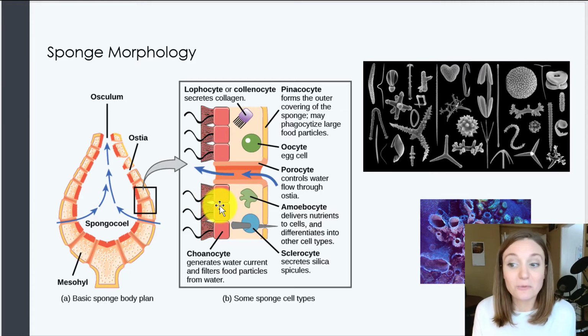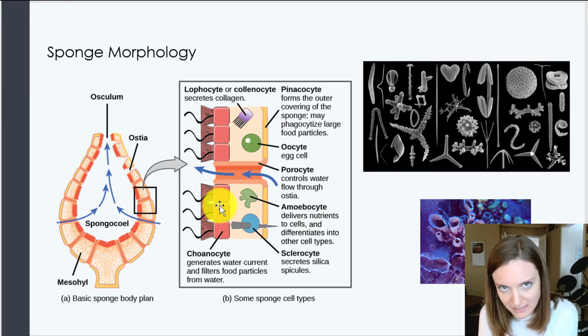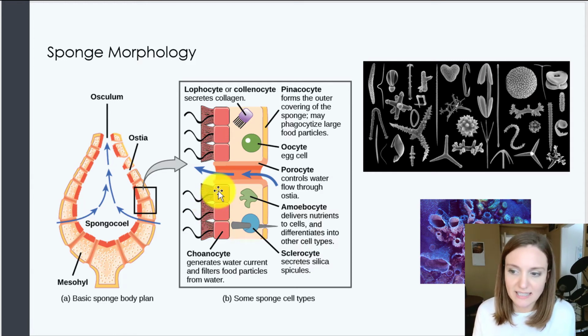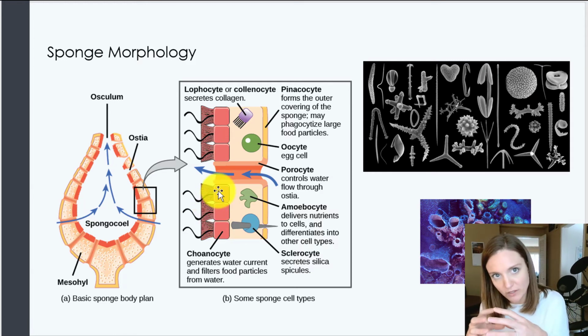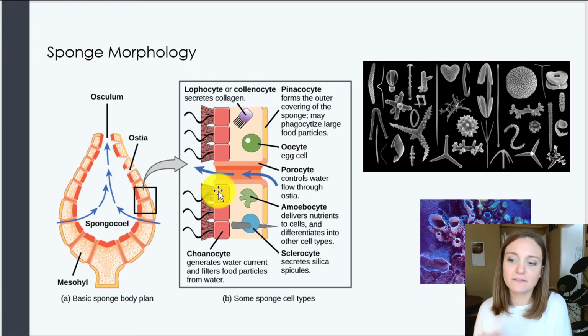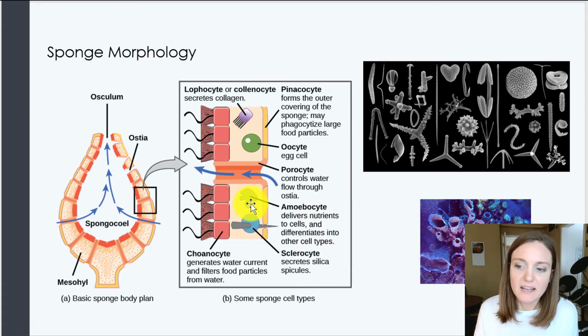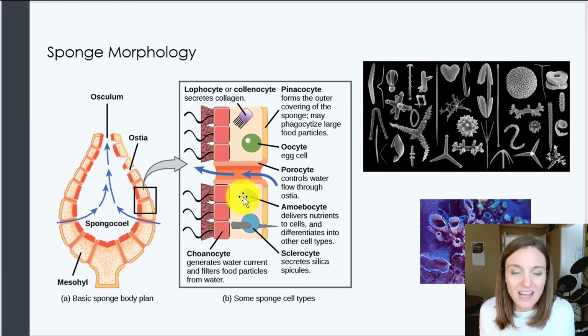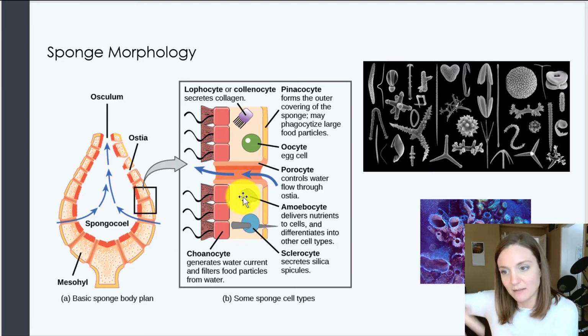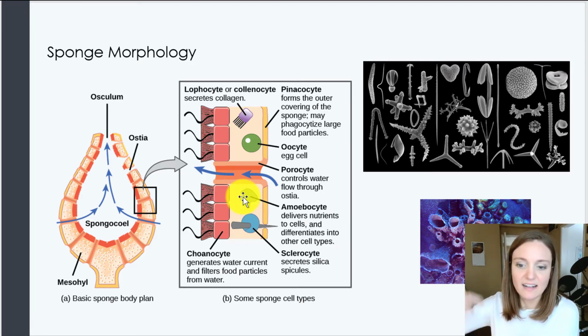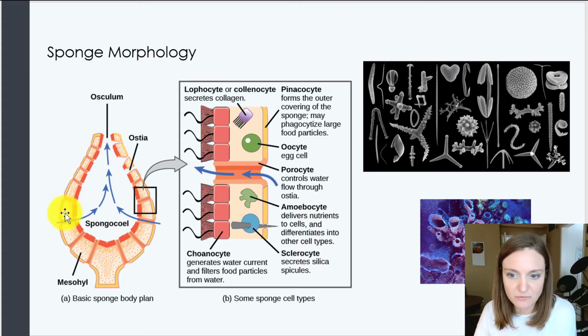And then what's really cool is that they don't have a circulatory system, they don't even have tissues, but the choanocyte cells can pass off that food that they just ate to an amoebocyte. So these amoebocytes are basically undifferentiated cells that can move within the body of what we call the mesohyl of the sponge, this middle section right here.